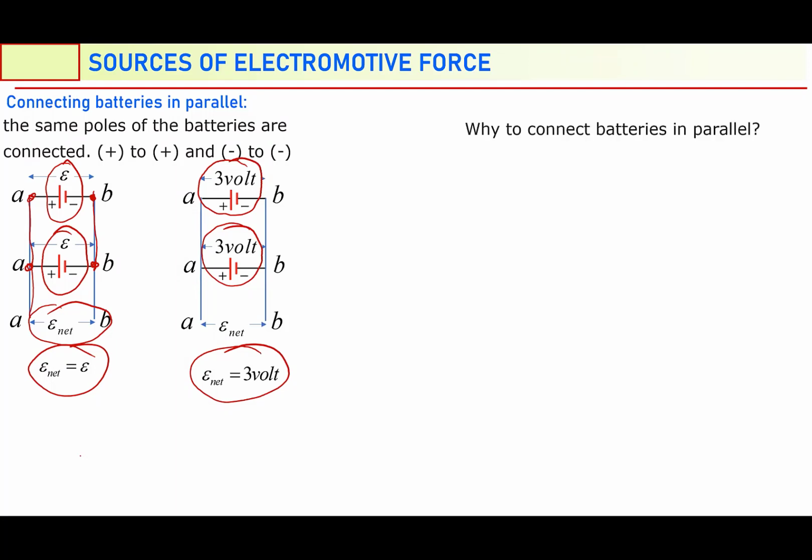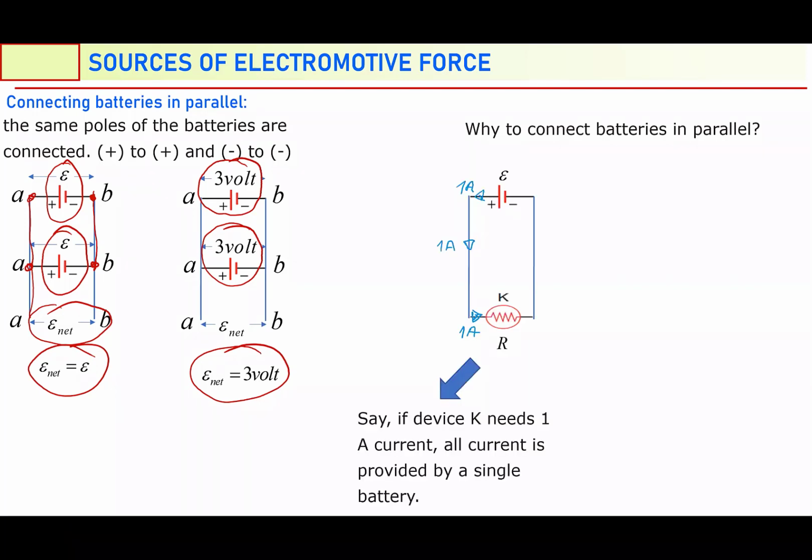But why connect batteries in parallel? Now I will shortly explain that. This is a single battery connected to a device. Say this device K is a lamp. If it needs 1 ampere current, all this 1 ampere current must be provided by the single battery. Yani, from the positive terminal of this battery, 1 ampere current must leave.